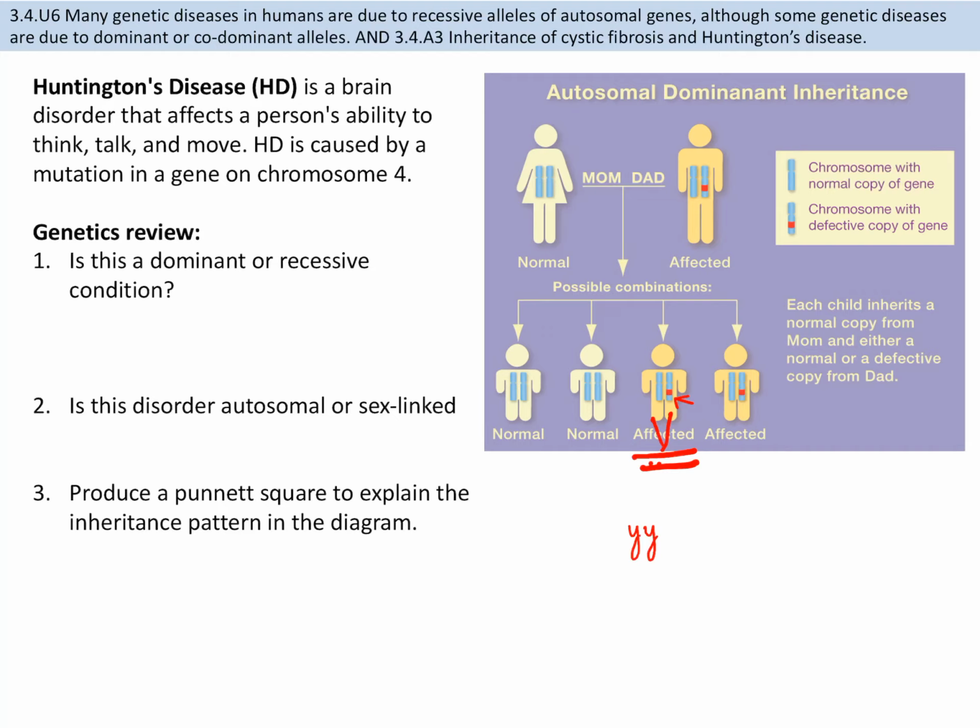Autosomal. How do you know that? Because it is given in the question that it is present on chromosome number 4, and it is human. So we know that there are 46 chromosomes and the 23rd pair is the sex chromosome. And if it is present on chromosome number 4, it is autosomal.